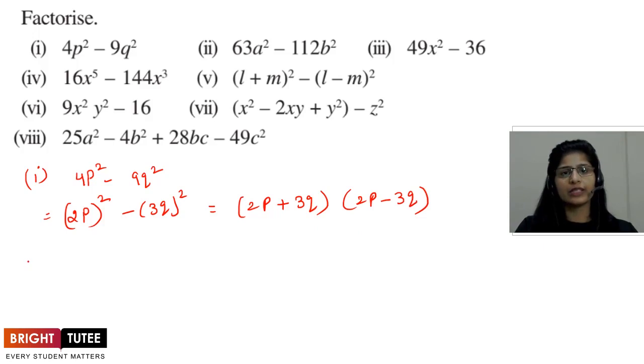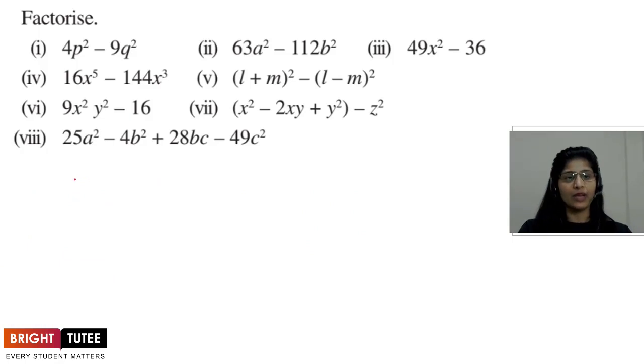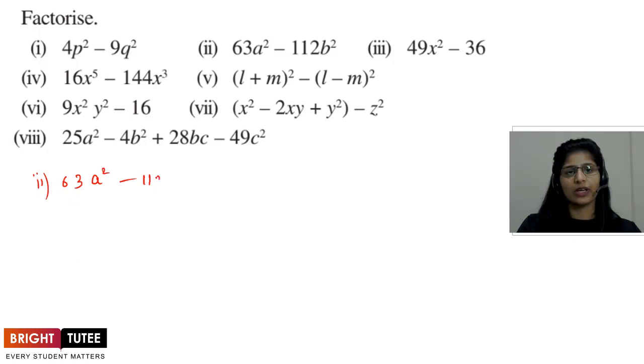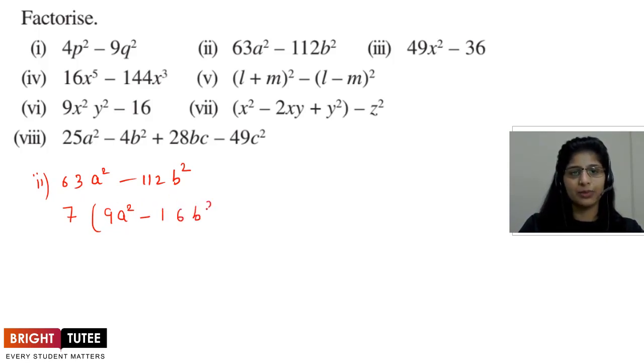Clear? Okay, in the second part now, let's try the second one. What is given to us? We are given 63a square minus 112b square. Clear? So can we take something common from it? Just think about it. Let us try taking 7 common. So if we take 7 common, we have 7 nines are 63, minus 112 divided by 7 will give us 7 ones are 7, then 4 is left, 7 sixes are 42, b square.